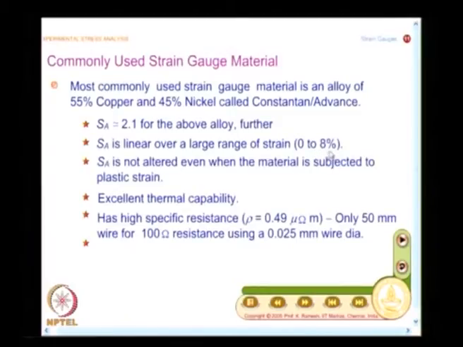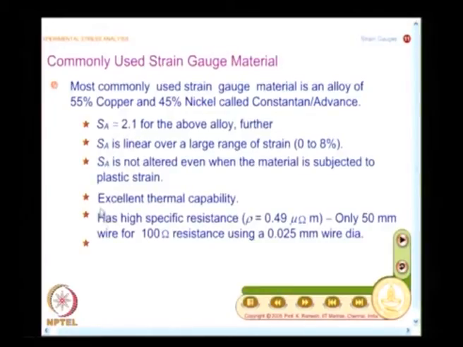So, 8 is a very large strain magnitude, and we have already seen from the expression for strain sensitivity of the conductor that it approaches 2 when the material is subjected to plastic strain, and this is the reason why we want 2, because it reduces to 1 plus 2 nu. That is the reason why we choose a material which has SA closer to 2.